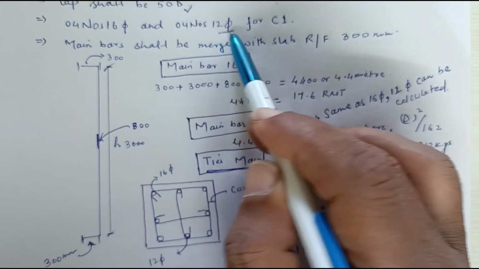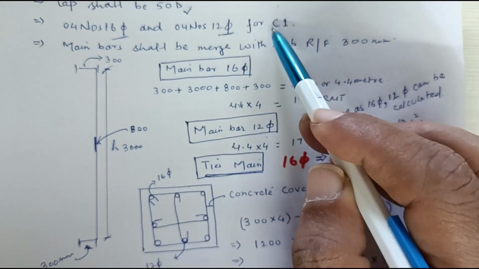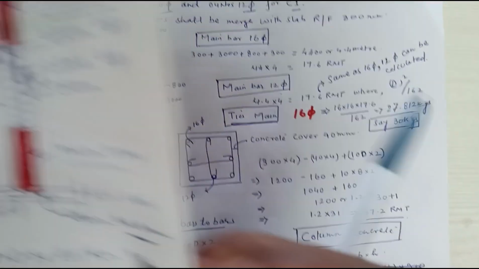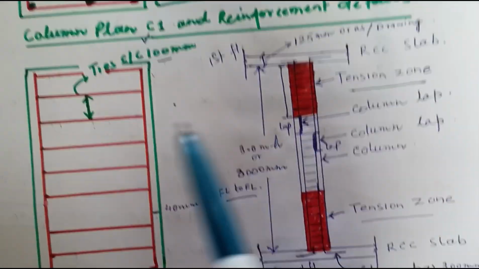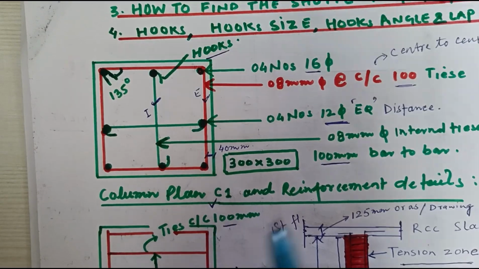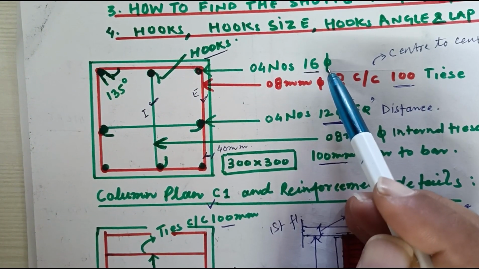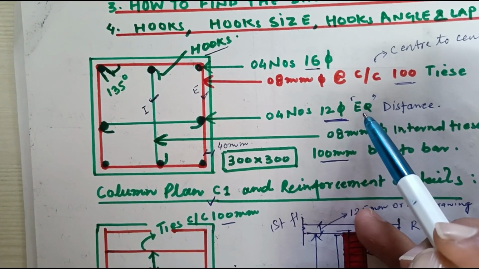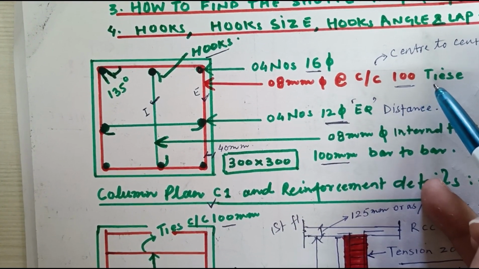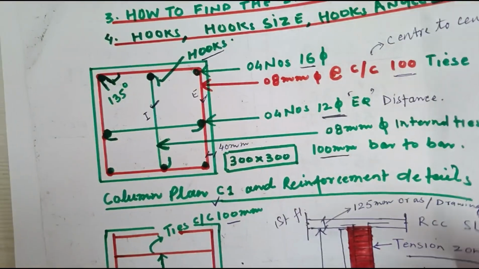And 4 number 16 dia and 4 number 12 dia are already mentioned here for C1 column. Here is mentioned 4 number 16 mm dia and 4 number 12 mm dia, and ties is 100 mm center to center.